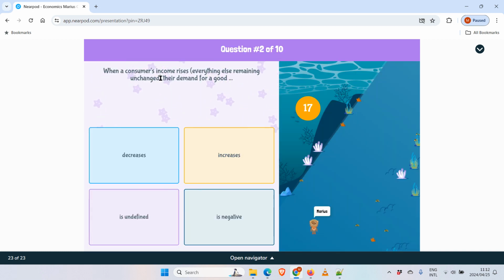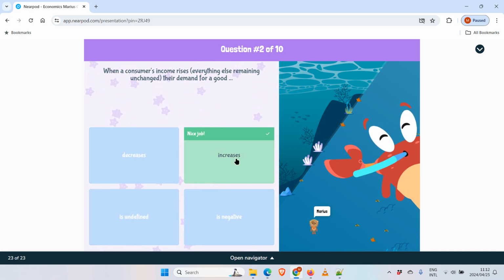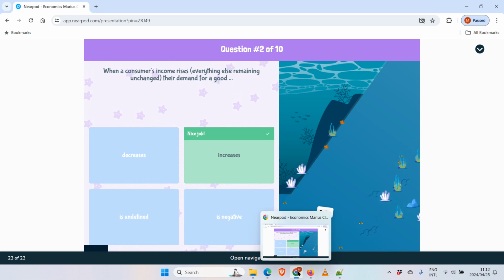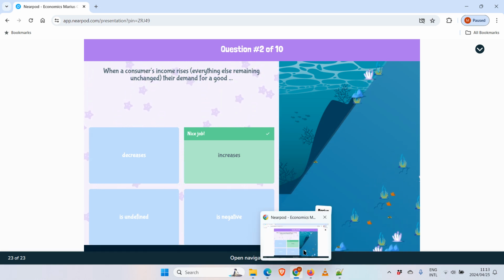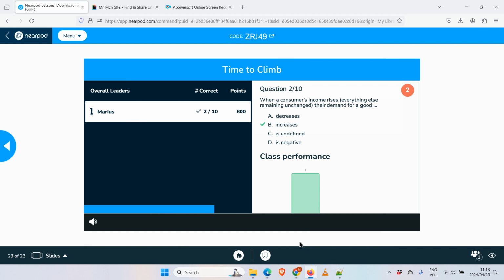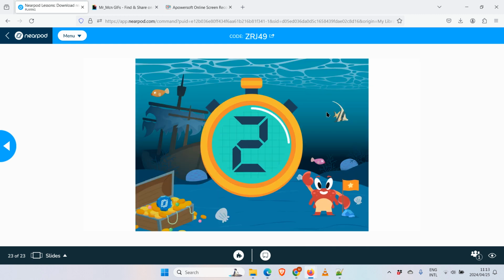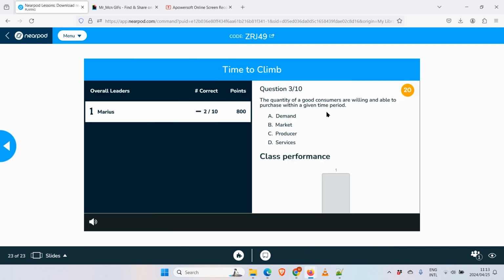When the consumer's income rises, their demand for a good is likely to increase. Okay, so these questions will appear, and at the end, the teacher will be able to see all the answers.